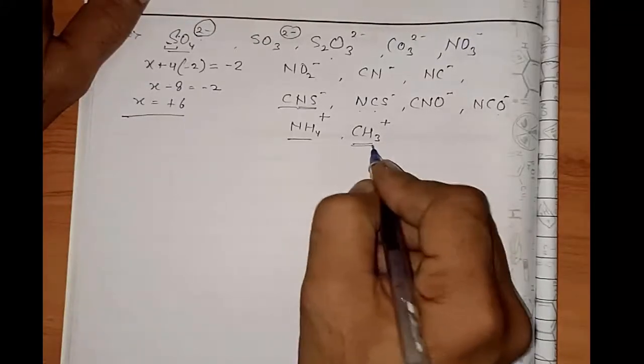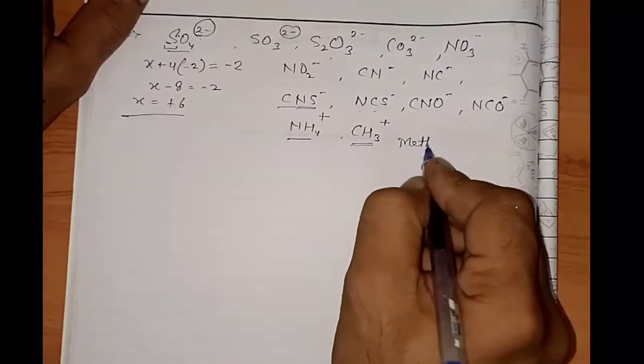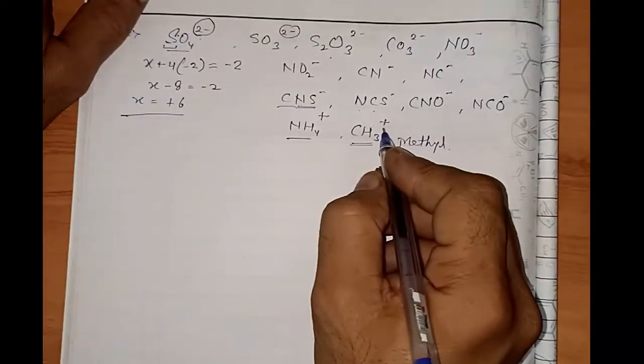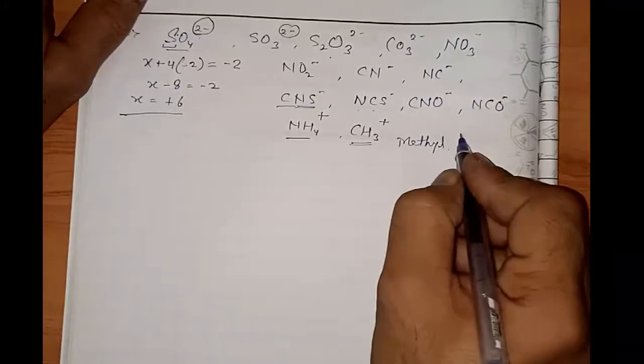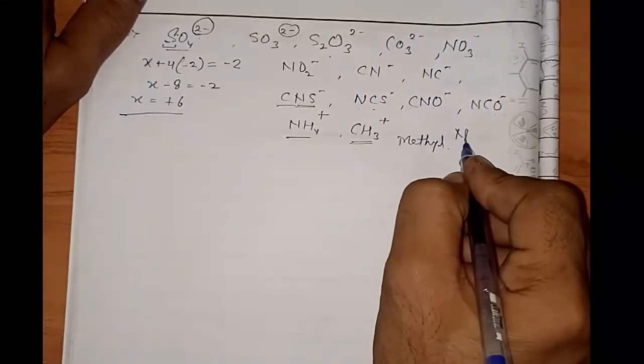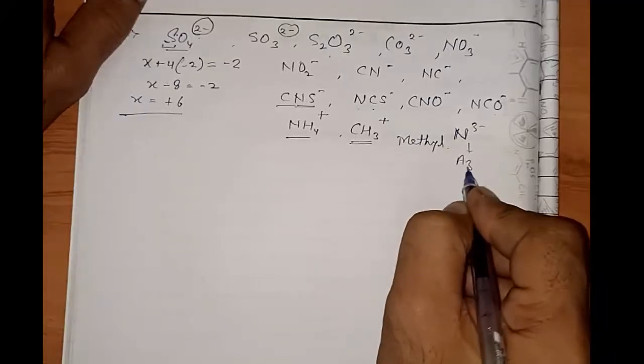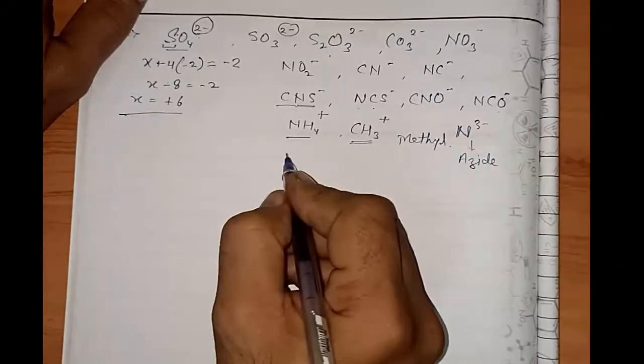CH3 plus is called methyl ion, the methyl carbocation. N3 minus is called azide ion, A-Z-I-D-E, azide ion.